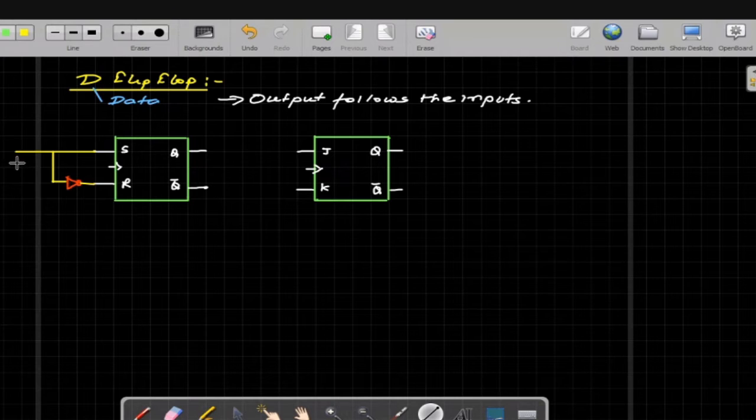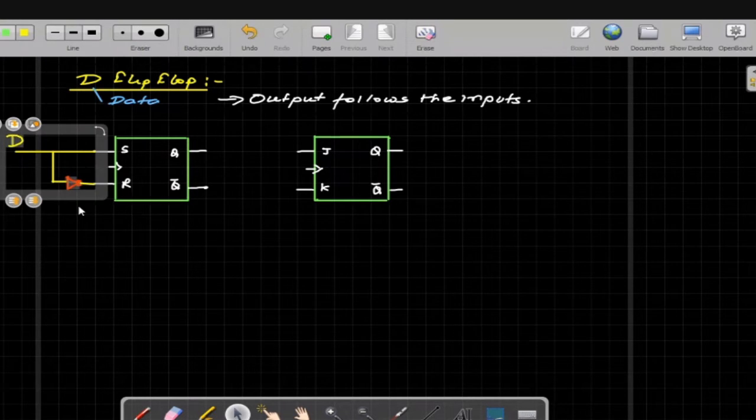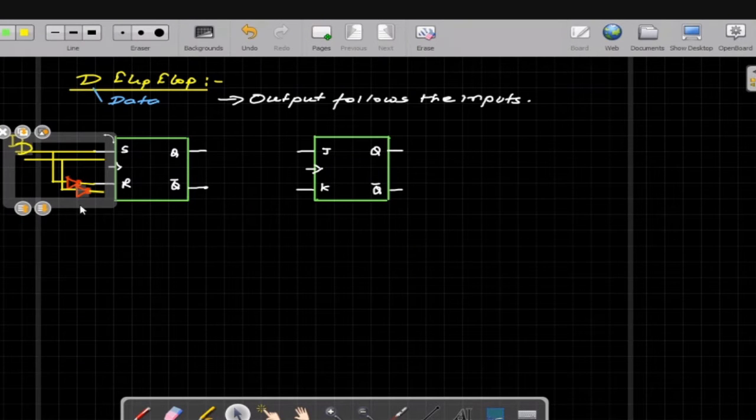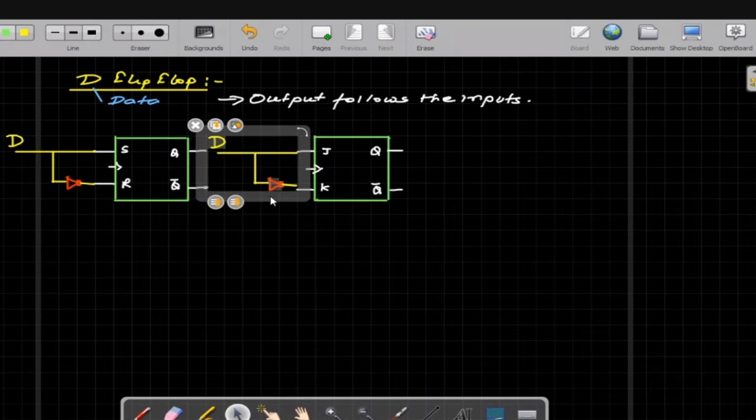Now we have one terminal at the input side, and this terminal is known as the D terminal. Similarly, if you are using the JK flip-flop, you can make this kind of arrangement and connect your inputs in this fashion.